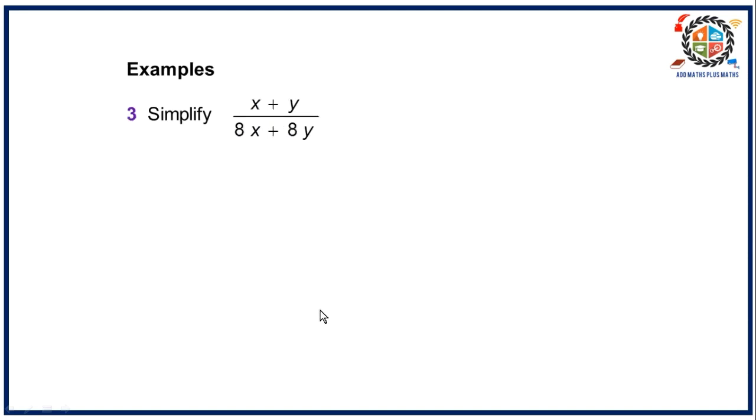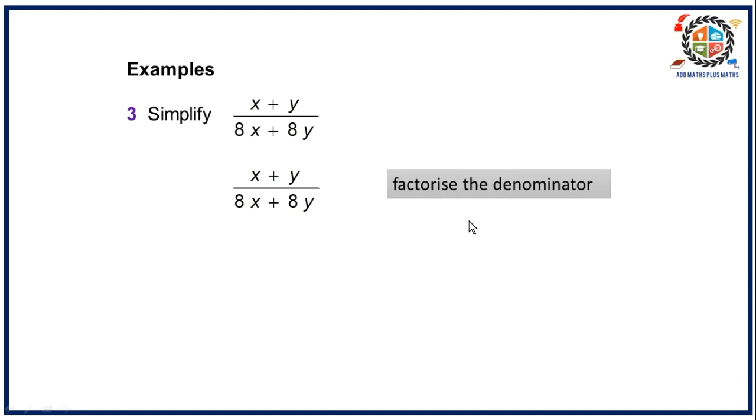Example number 3. I have here x plus y over 8x plus 8y. You will notice that the denominator has a common monomial factor of 8. So if I bring out that 8, factorize that, it will become 8 times the quantity of x plus y. You will notice that x plus y is present on the numerator, and x plus y is also present in the denominator.